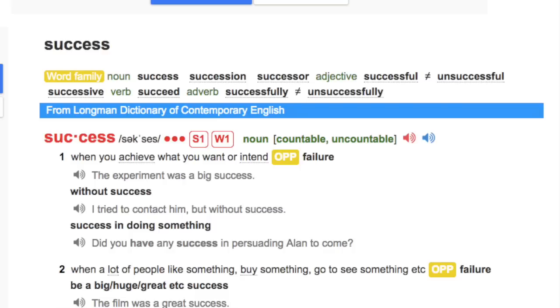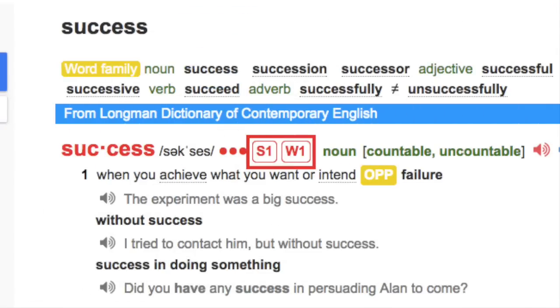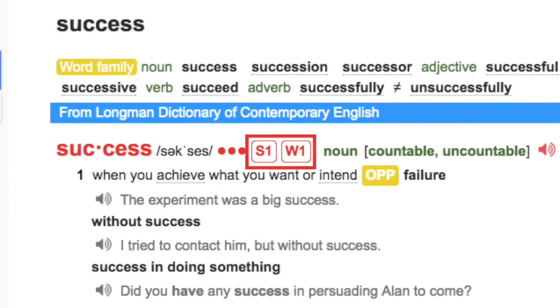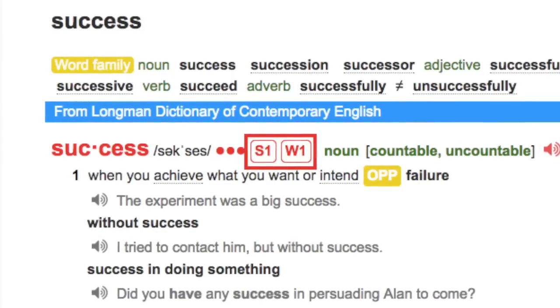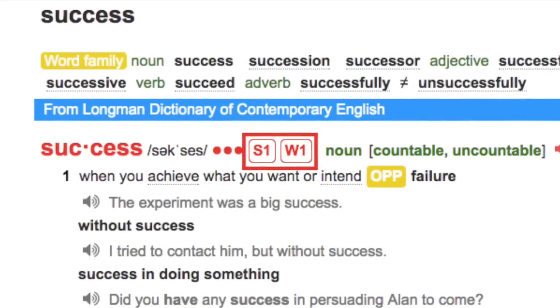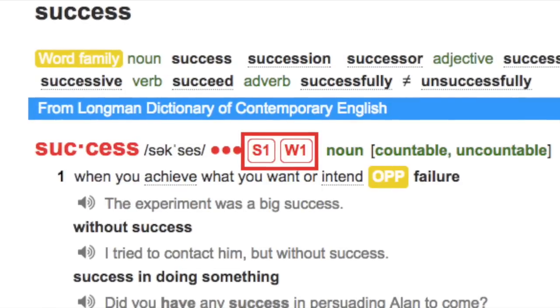In addition to the three dots, Longman gives language learners some additional information on word frequency in terms of spoken and written language. S1 stands for top 1000 spoken words. W1 stands for top 1000 written words. Those are words you need to learn first.